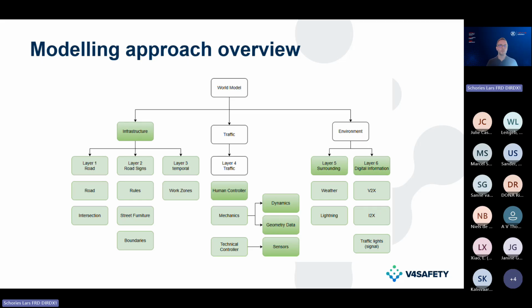So all those vulnerable road users or infrastructure users can be defined with this kind of elements. And then finally, we have the surrounding and the environment and the digital information, which is, of course, as well needed to perform simulations. And for here as well, we have defined some questions which can be followed.